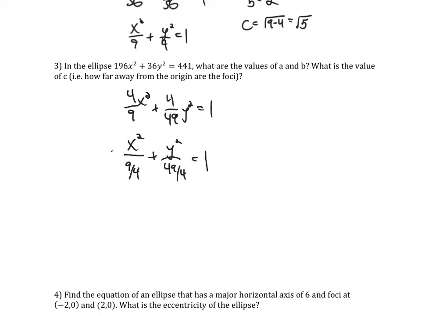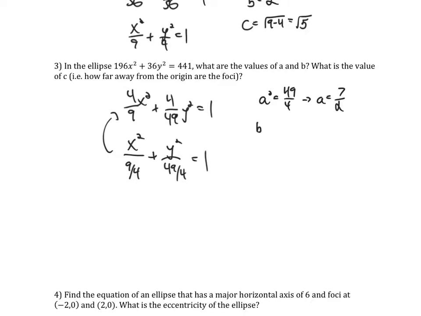So again, that's the same thing as the equation above. I've just rewritten it such that I only have a number in the denominator. The larger of the two numbers is your A. So my A squared equals 49 over 4, which means A, if I square root it, gives me 7 over 2. So you can see why I rewrote it with the fraction just in the denominator.